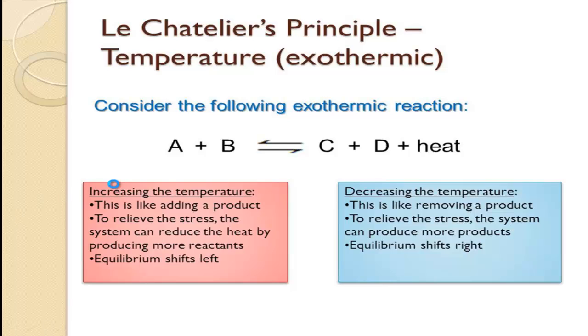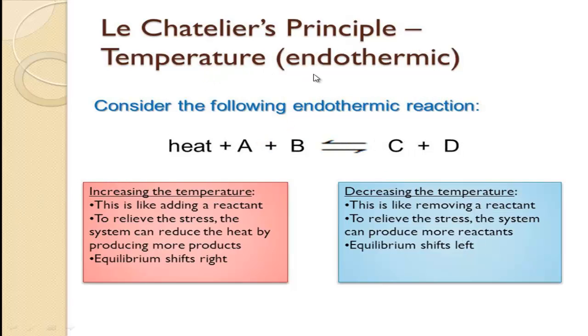Follow another example, when the reaction is endothermic. That means heat is absorbed by the reactants. In this case, the forward reaction is endothermic, but the backward reaction is exothermic. If the temperature is increased, the endothermic reaction rate should be increased, so the forward reaction rate increases and the equilibrium position shifts to the right side.